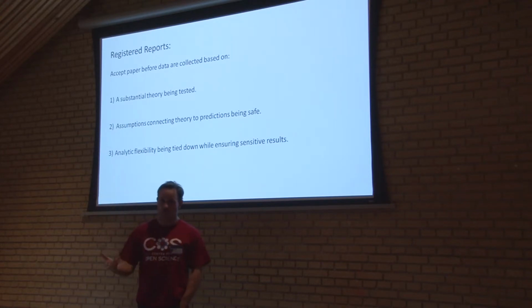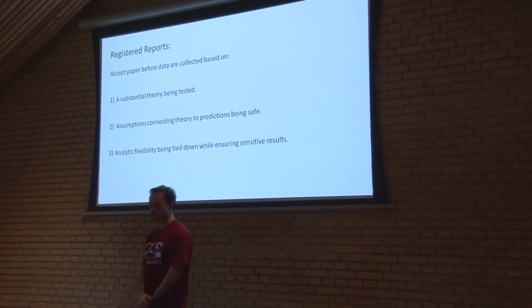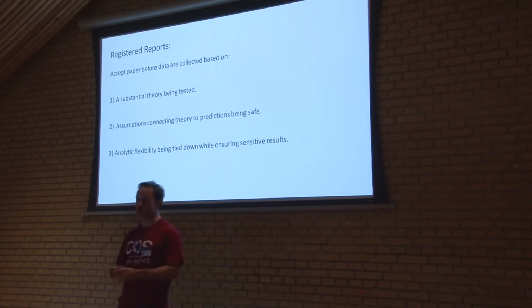So for your stage one to be accepted, what you'd want is a substantial theory being tested. I'd probably like to say an interesting theory, because, why do we do science? Because we want to find out interesting generalities about some domain, interesting explanations. But my colleague's idea of an interesting theory isn't often mine.